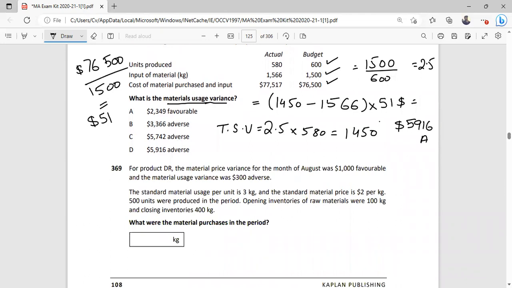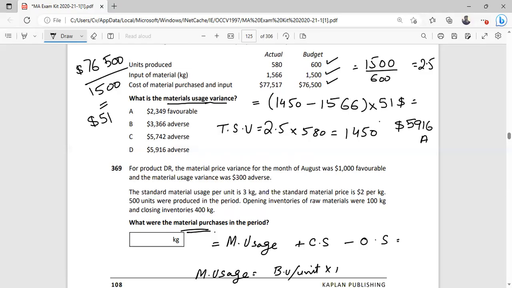Material purchases variance. Okay. In fact, he is not asking for the material purchases variance. In fact, we will use a formula: material usage plus closing stock of raw material minus opening stock of raw material. If material usage is not provided, then budgeted usage per unit into actual production units.